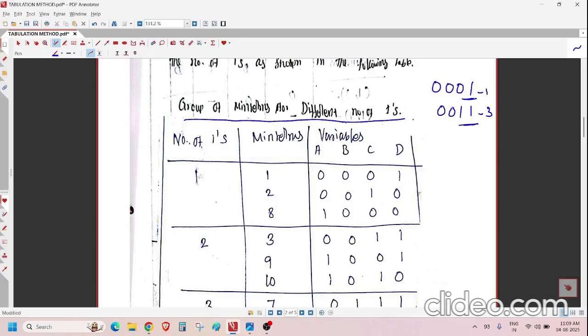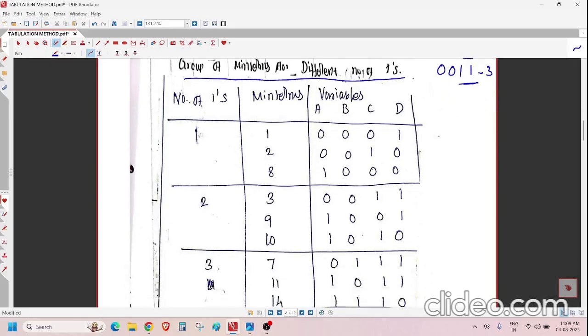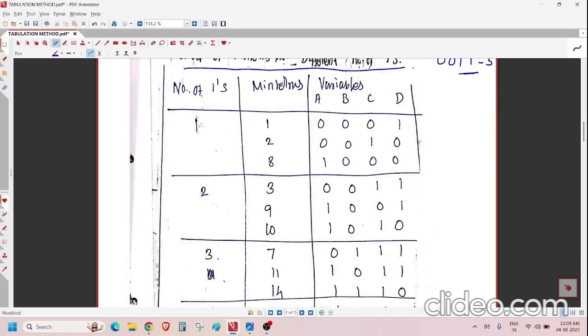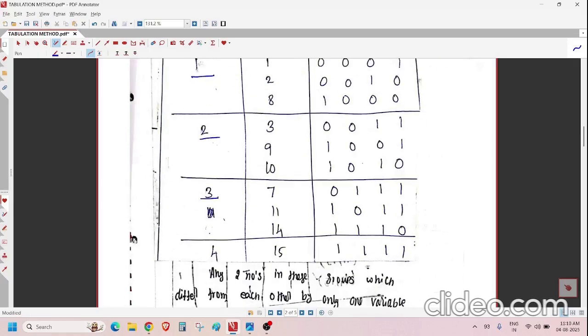According to our input, the columns of the table are number of ones, min terms and variables a, b, c, d, that is 4 bits. The number of ones is listed as one, two, three, and then four number of ones. We'll see one by one.